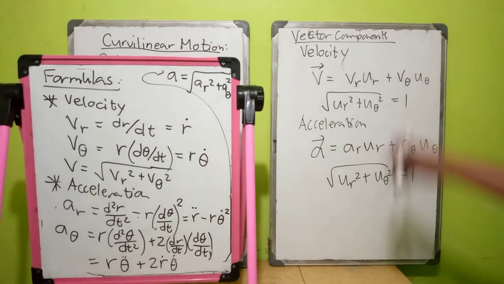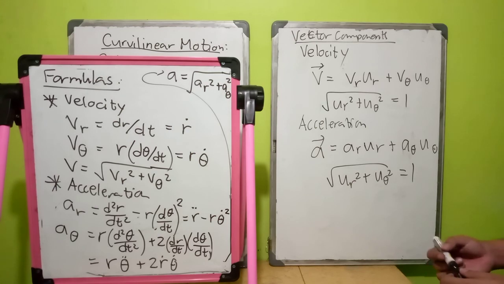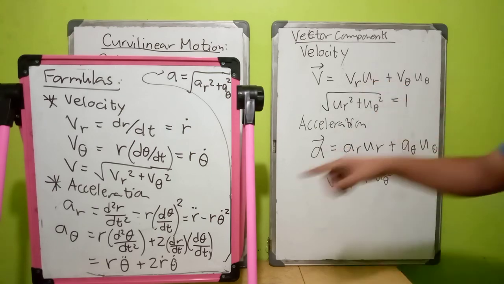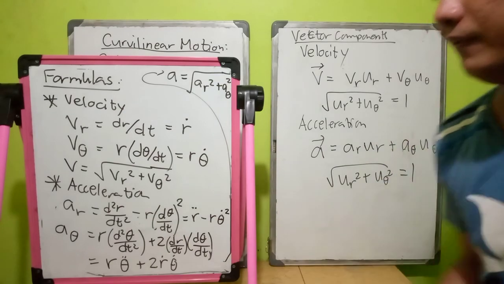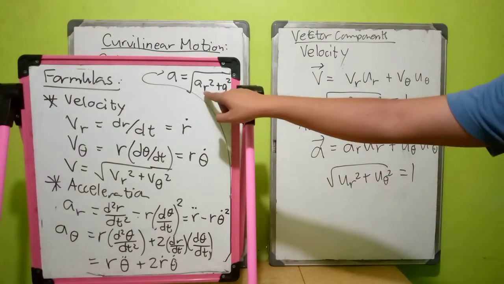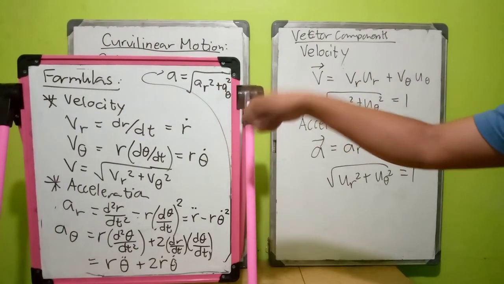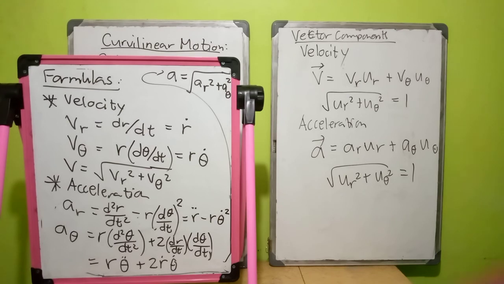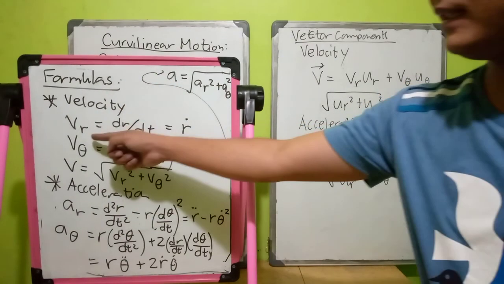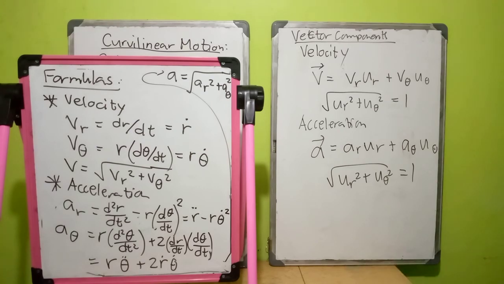Therefore from this we can get that the sum of squares of your VR and your V theta gives V, and the sum of squares of your radial acceleration AR and A theta gives A. Please take note that your R represents the radial component and your theta represents the angular component.